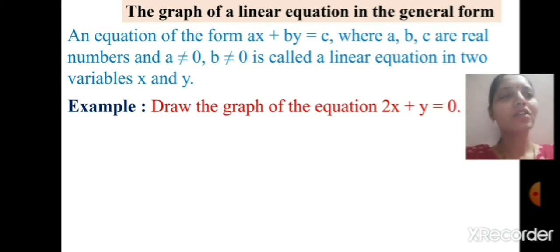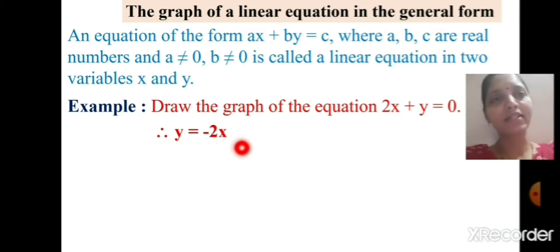First we will shift the x term to the right hand side. So you will get y equals minus 2x.